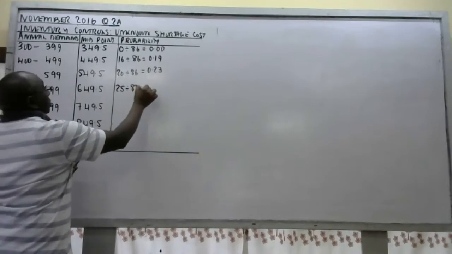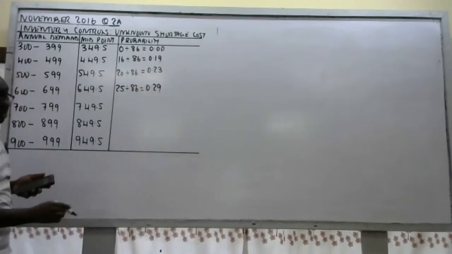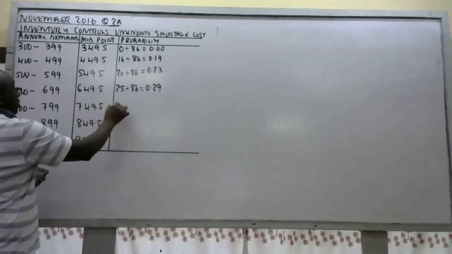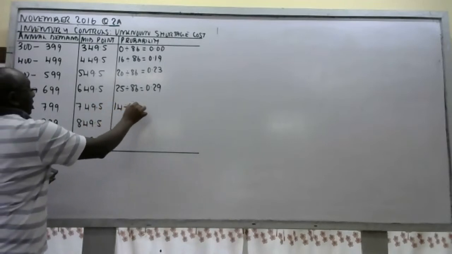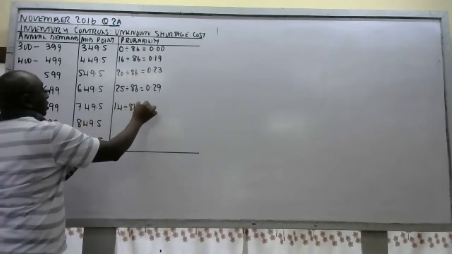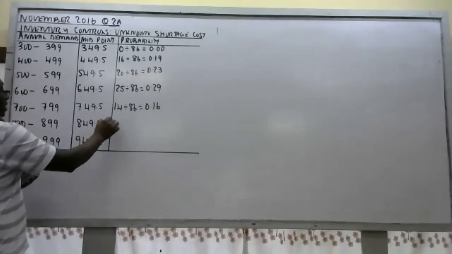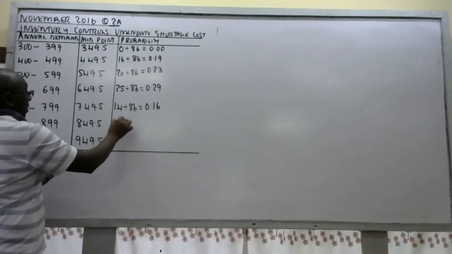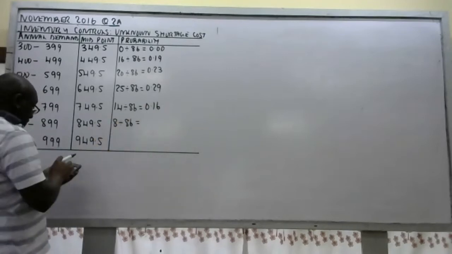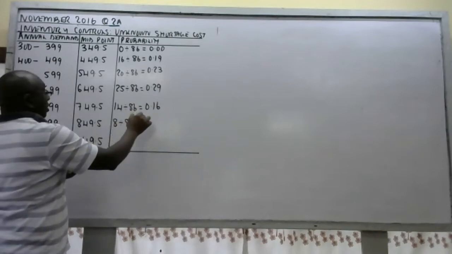You record 0.29. 14, you divide by 86, you record 0.16. 8, you divide by 86, you get 0.09.